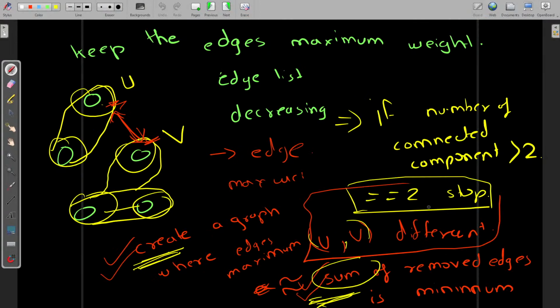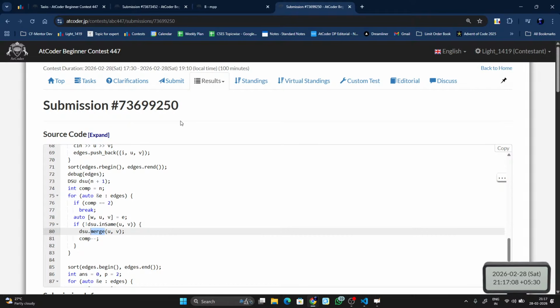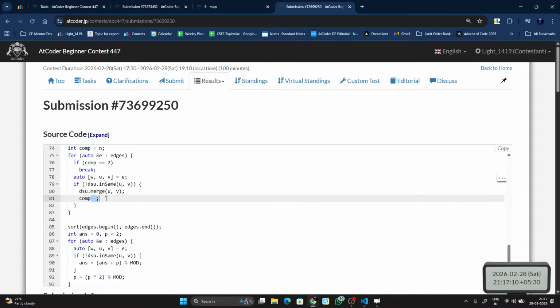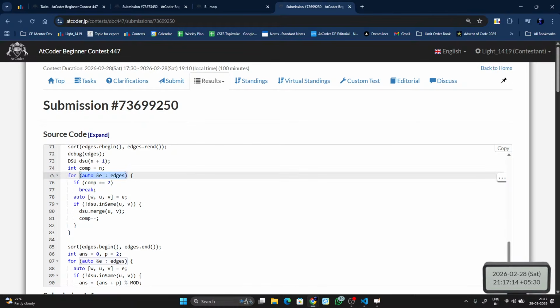The component count is greater than 2. Like there are 3 components, but I want only 2. Then I will merge U and V. Let's say there was another component, then it's totally fine if we reduce the component count by 1, right? So if U and V are in different components, I would just merge them, and I would do a component count minus minus, and this loop would go on.